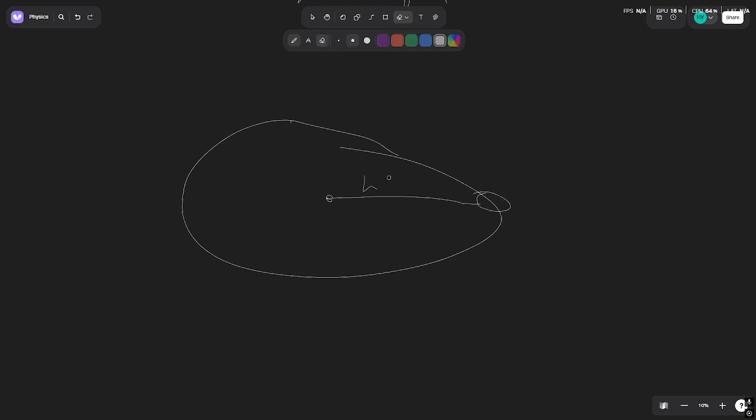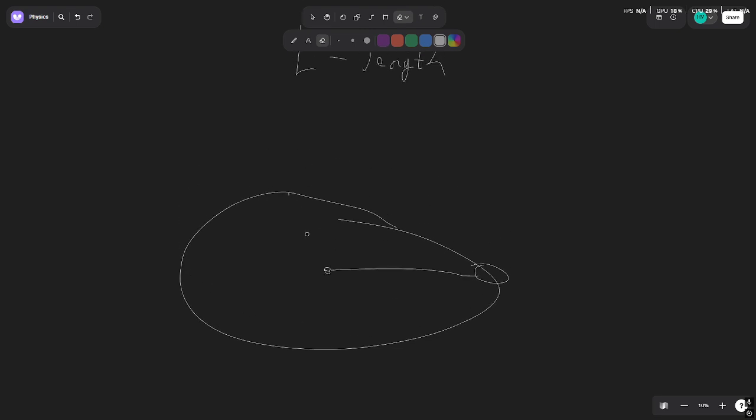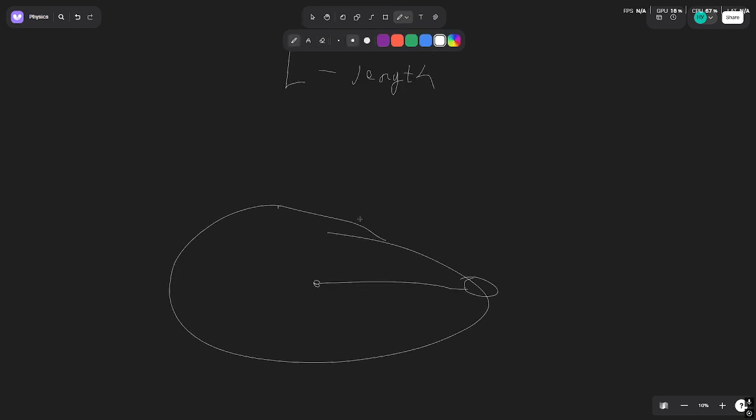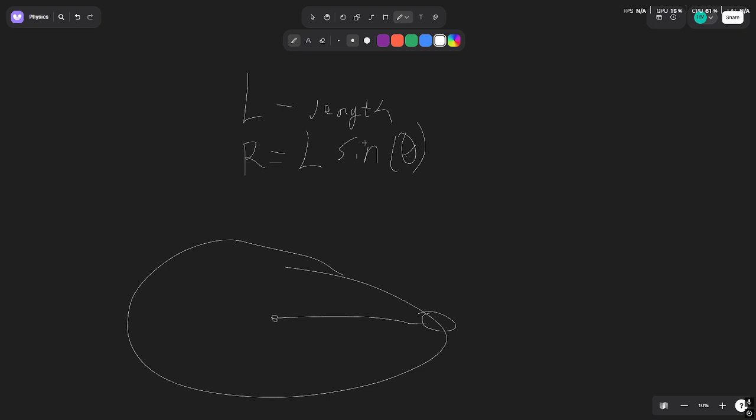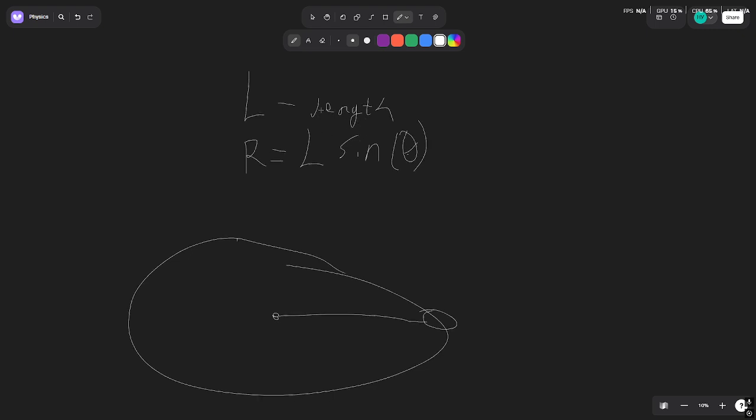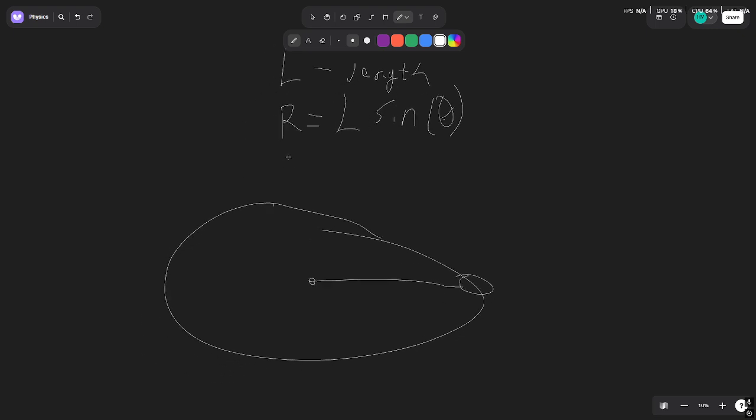The radius of this circle is always equal to length of the string times sin of some angle. This is only for horizontal circles. And for vertical ones, radius equals the length of the string.